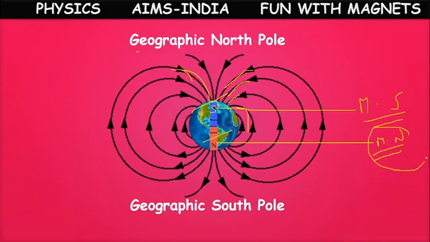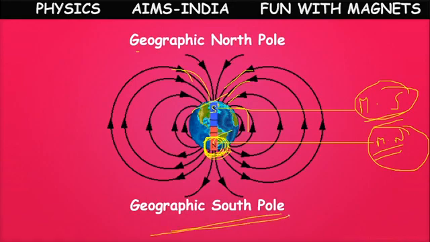We can also call them the magnetic north pole and magnetic south pole. But the end where the magnetic north pole of the needle is located, on that side the geographic south pole will be, meaning the south pole of the earth.